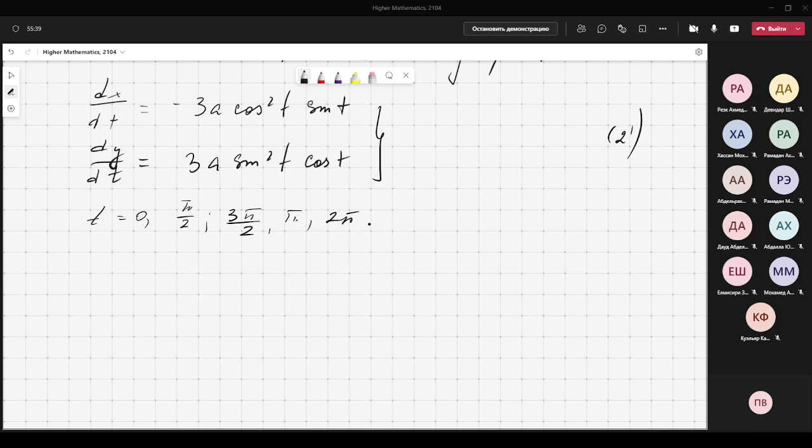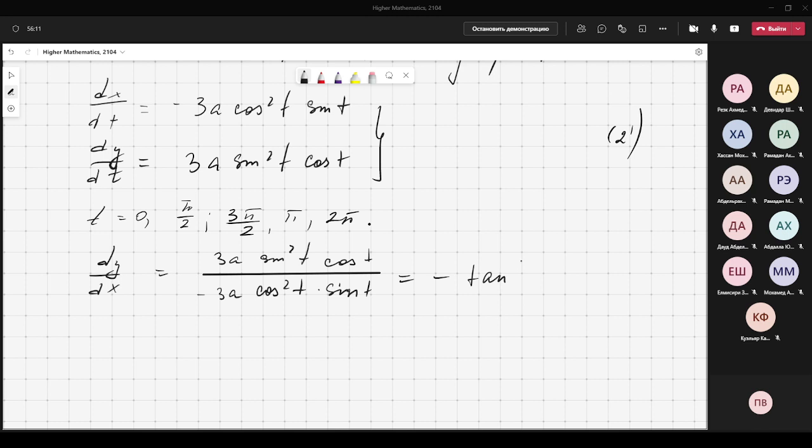Evaluate dy over dx equals 3a sine squared of t cosine of t over minus 3a times cosine squared of t times sine of t, and that equals minus tangent of t.